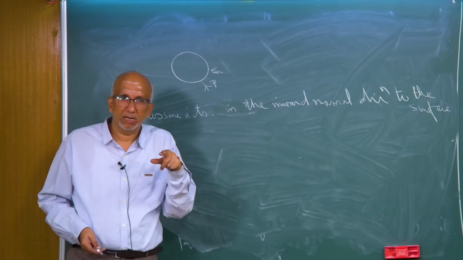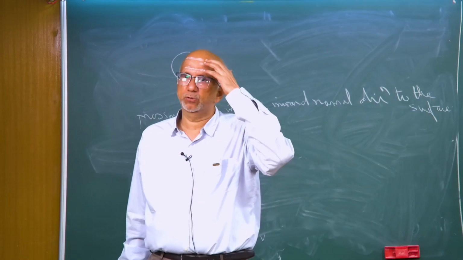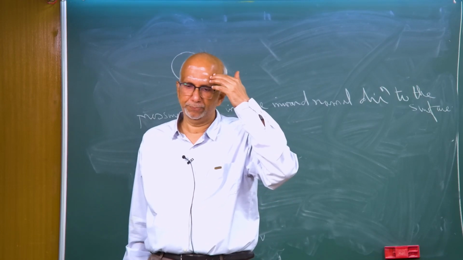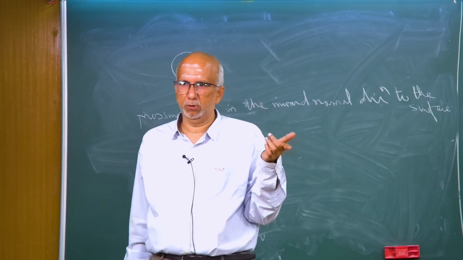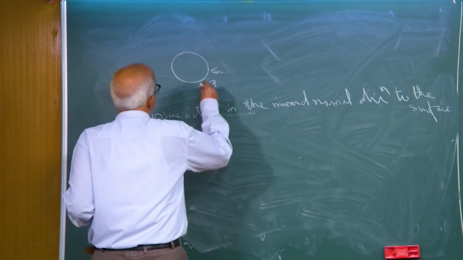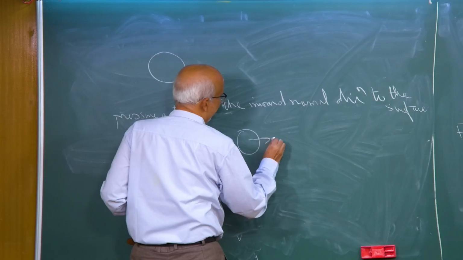Now, what are the other components which can give rise to the force? If you remember the shear stress that we spoke about, whenever we have fluid flowing, on this surface you will also have, let me draw this, the radial direction.